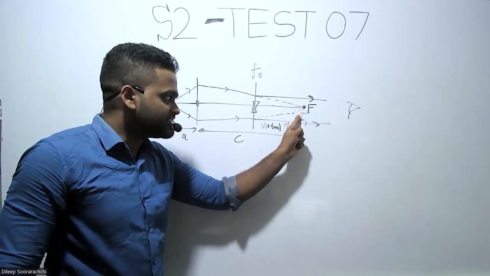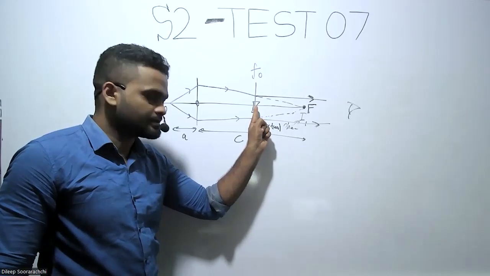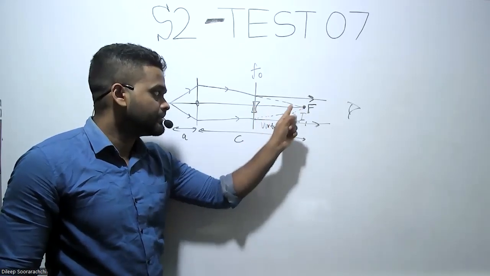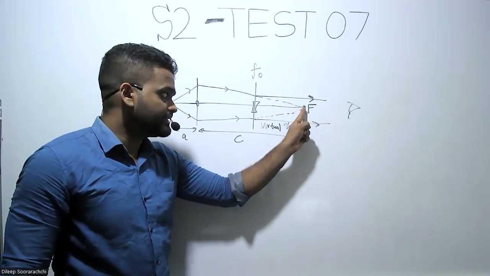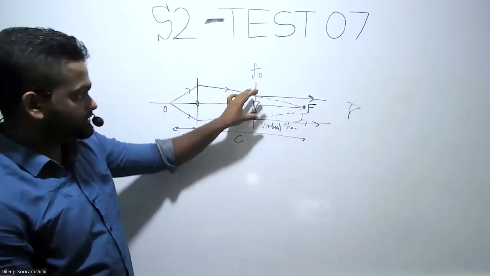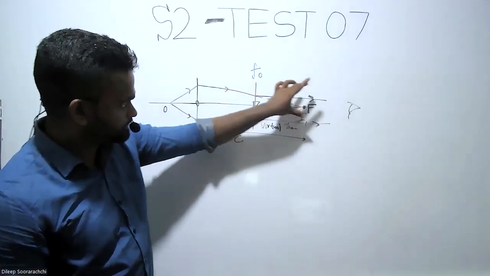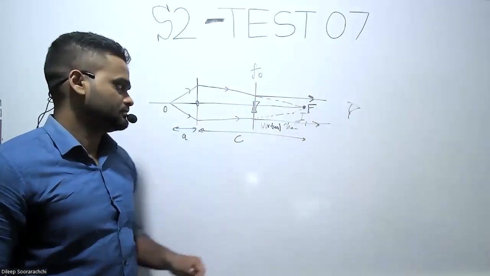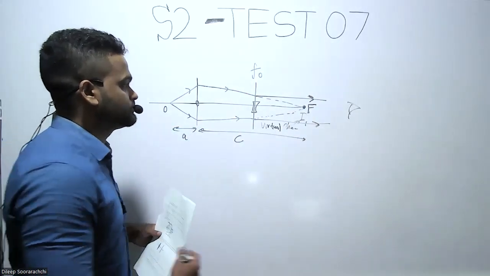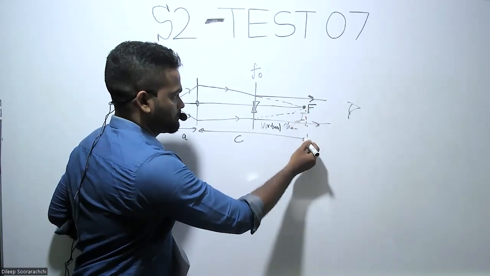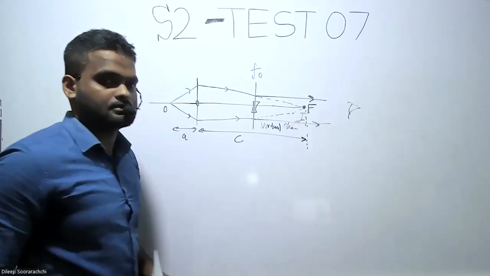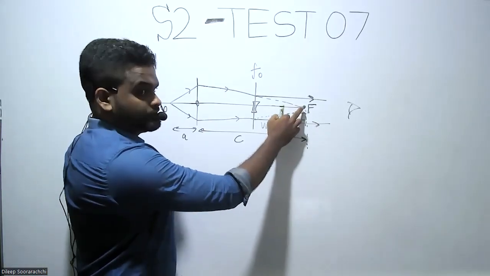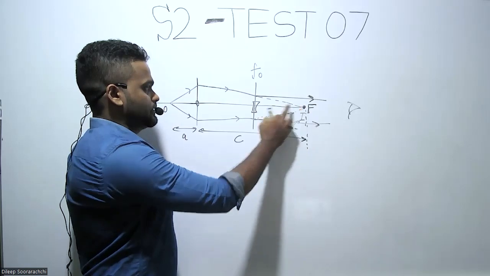So this is the object to the concave lens. This is actually an image, but it is an object to the concave lens, a virtual object. So the virtual object is formed at the focus, since the emerging rays are parallel. Now we know the position of the focus of the concave lens.